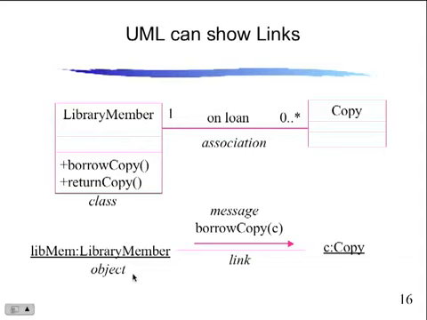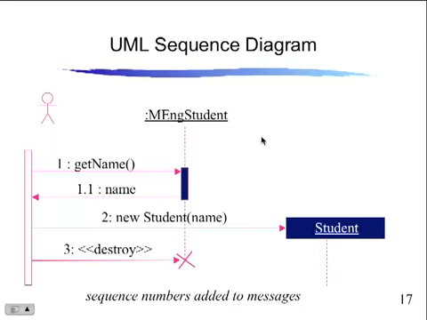And then we have the library member, which is the object, and the copy, which is an object, and then a message that's being sent. That's why we have these arrows showing you the link between the two, which explains the line concept. And then here's the sequence diagram of a similar scenario, with sequence numbers added to messages.